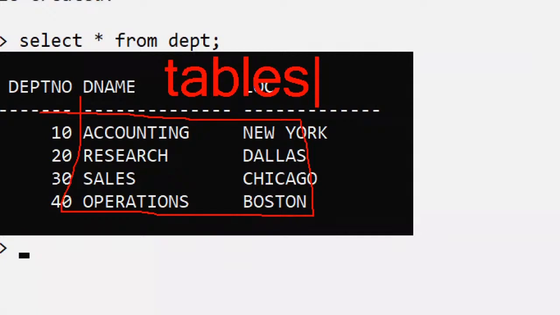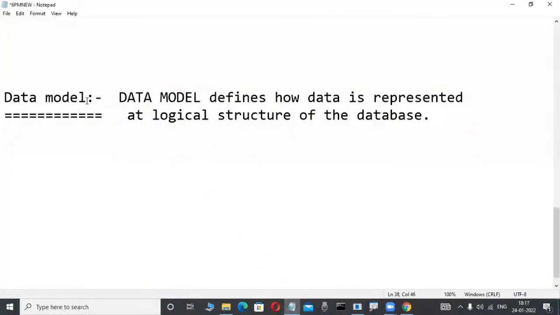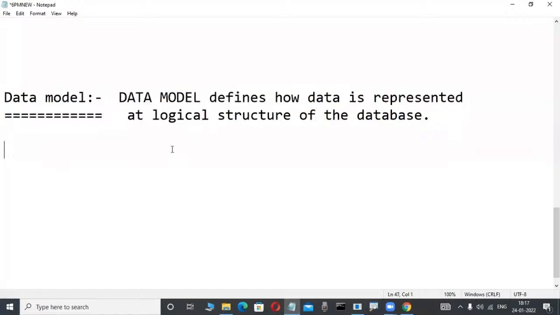Hierarchical data model, network data model, and some other data models existed, with IMS and IDMS software in those days. But nowadays, a data model defines how data is represented at a logical structure of the database.